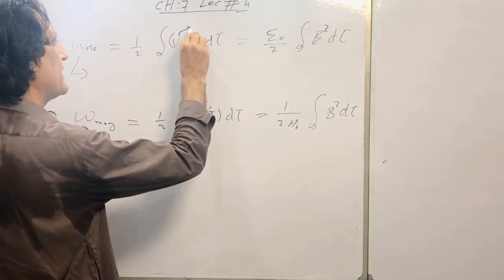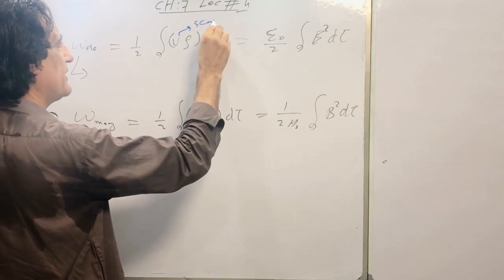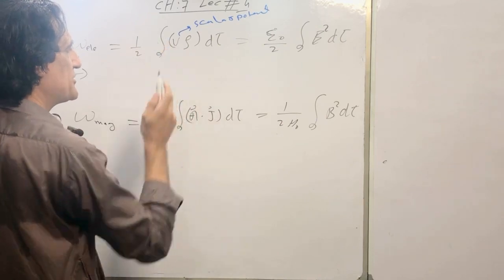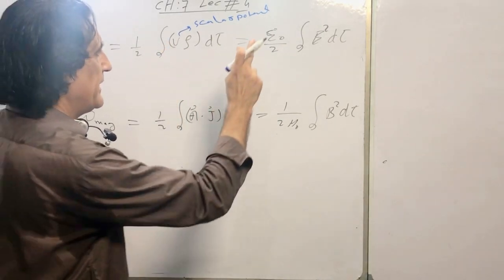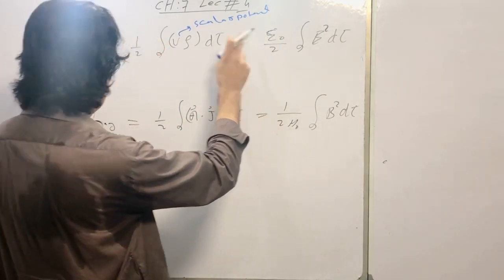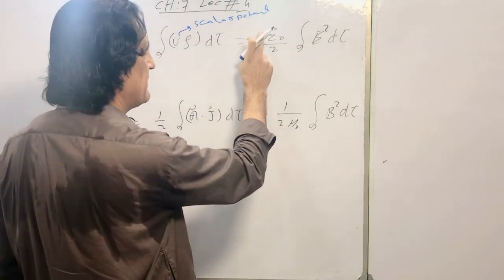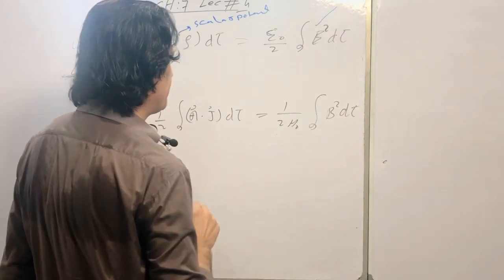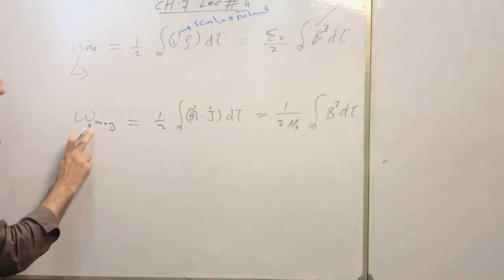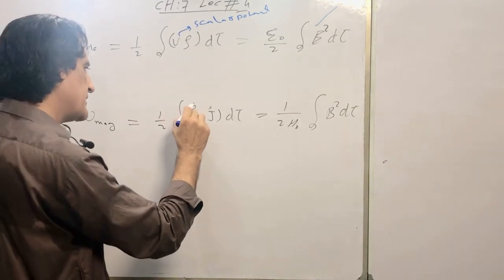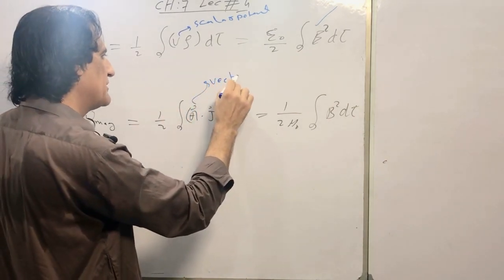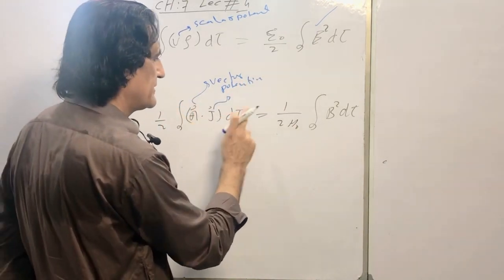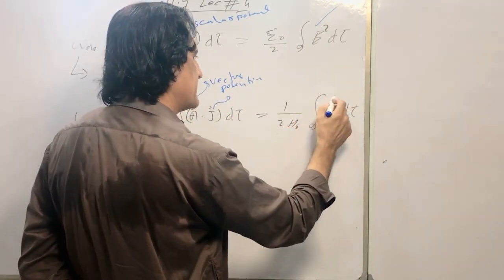Here, V is a scalar potential and rho is charge per unit volume. And here, we have epsilon naught and the electric field. For the energy stored in a magnetic field we derived, this is the vector potential and this is the magnetic field.